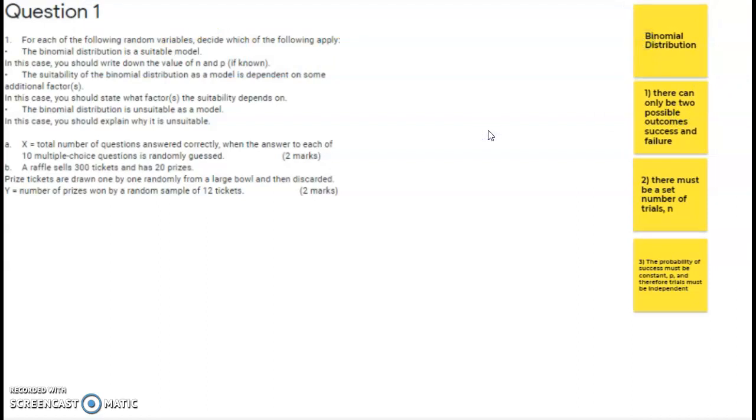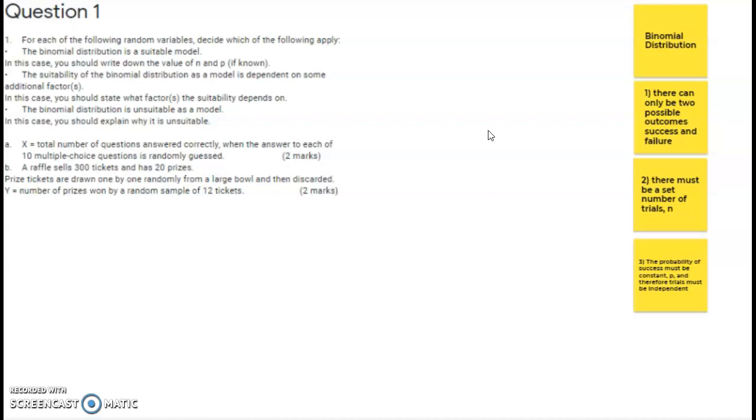So let's start with A. The total number of questions answered correctly when the answer to each of a 10 multiple choice question is randomly guessed. So let's look at the 3 categories and see if we can tick off each one. There can only be 2 possible outcomes, success and failure.